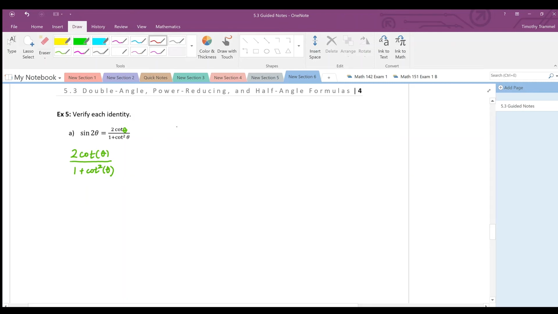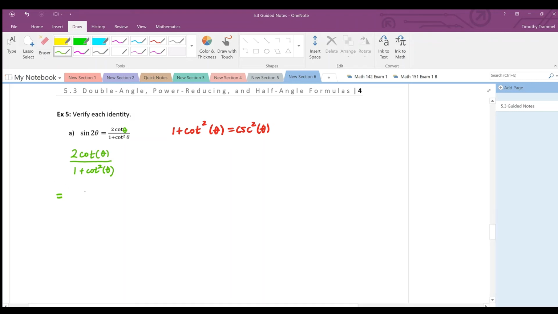So you might remember 1 plus cotangent squared of theta is equal to cosecant squared of theta. So we're going to go ahead and use that. There we go.